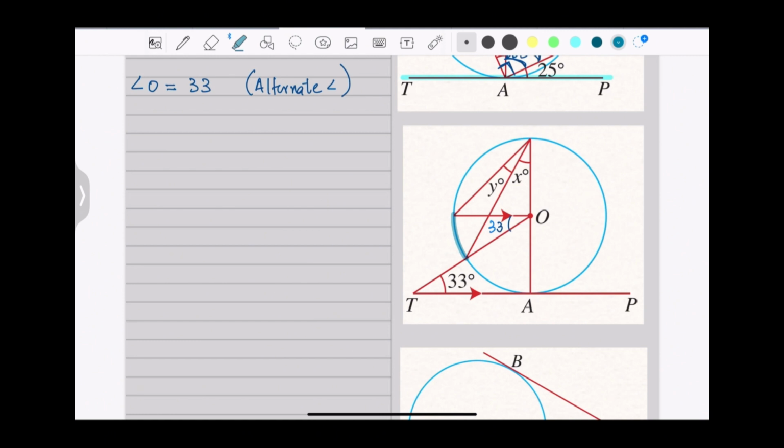The angle facing this arc at the center at O is this, using these 2 points. And the angle facing the same arc at the circumference is Y. So Y is going to be half of it, 33 over 2, which is theorem number 2.